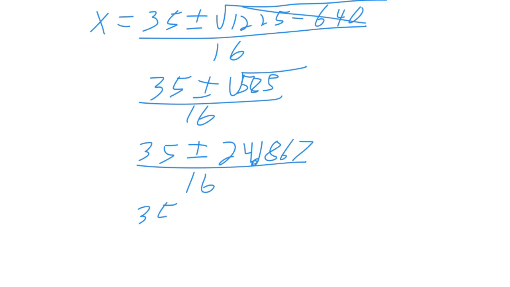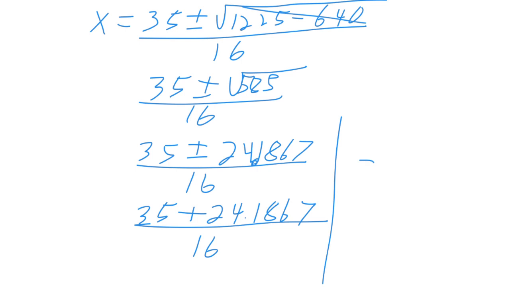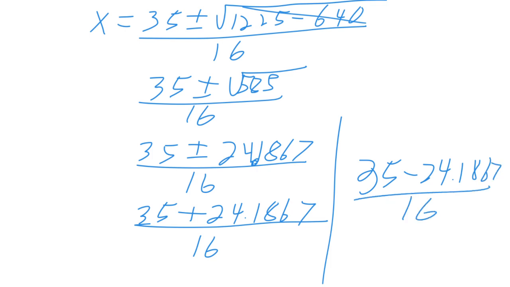You have 35 plus 24.1867 over 16, and you have 35 minus 24.1867, all over 16.